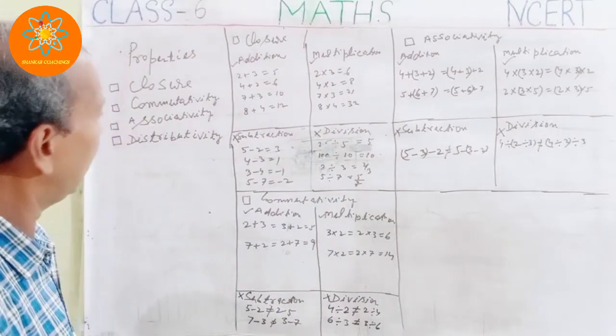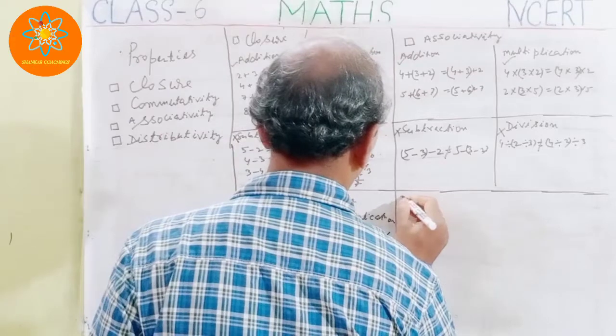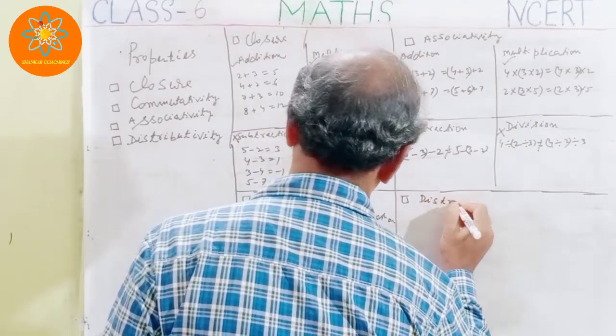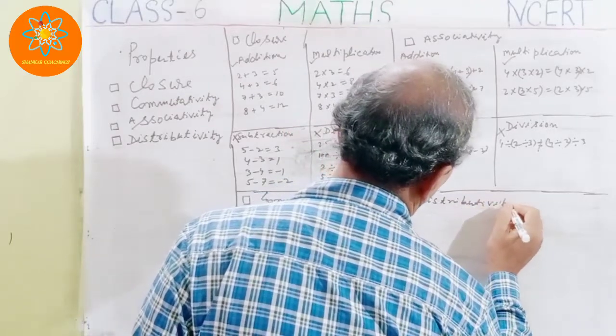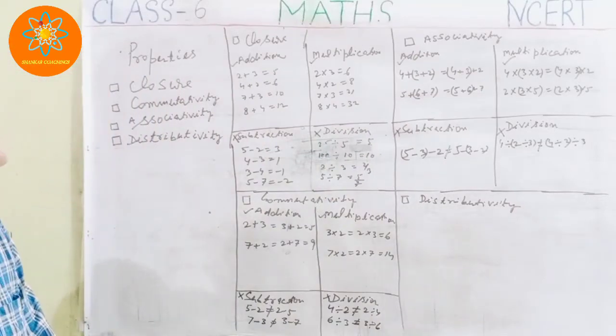Now, last I will take the distributive property. Distributive property. This is the last one. Now, this distributive property means what?